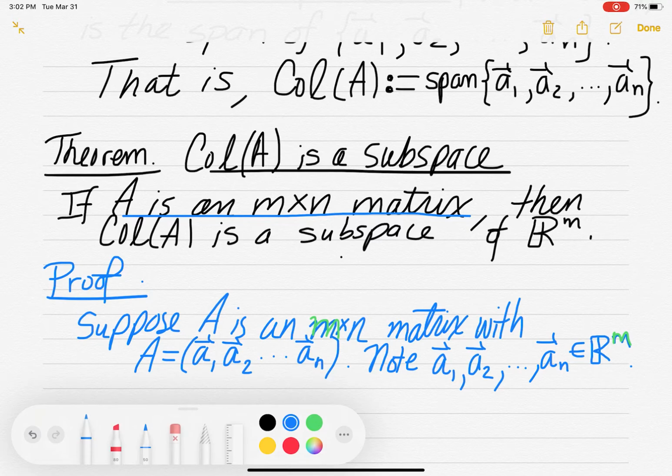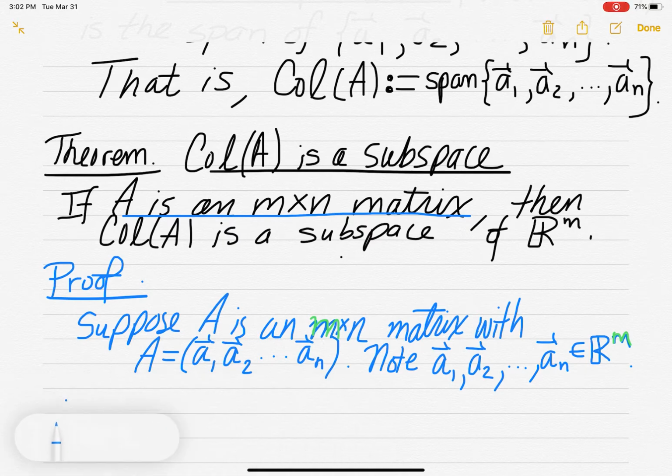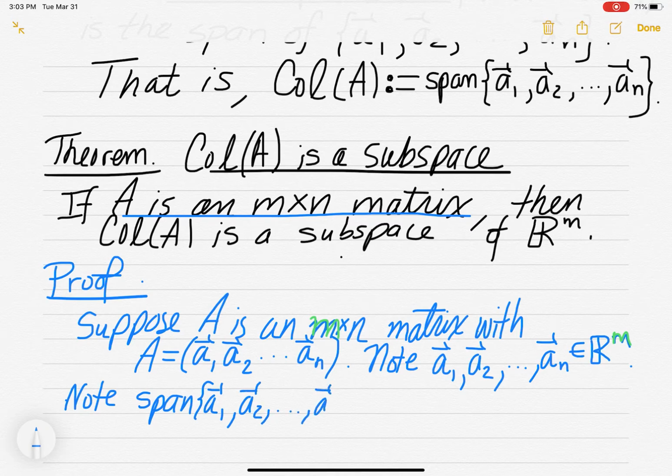Now note that the span of A1, A2 through AN, this is how the column space is defined, right? The span is equal to the column space of A. That's just by definition.